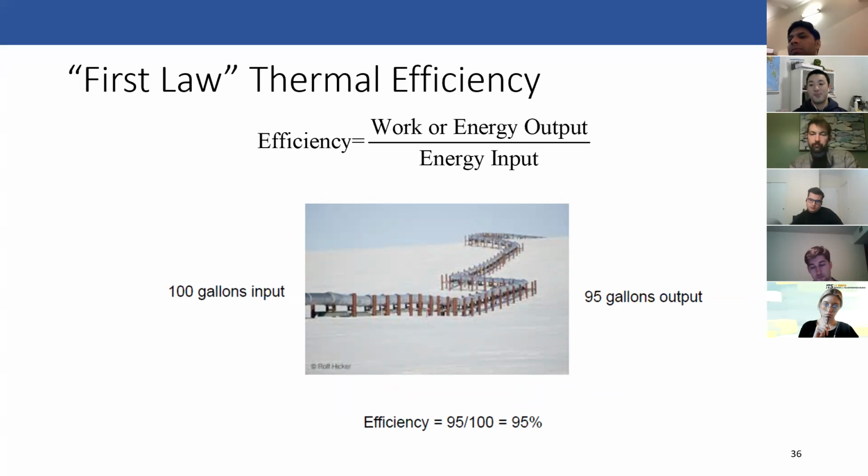Maybe you put 100 gallons in and you only get 95 gallons out, and maybe that's because the pipeline is leaking somewhere. So the efficiency here is pretty easy to measure, 95 over 100. This is just to keep in mind that as long as the units in your numerator and denominator are the same, it doesn't always have to go through a unit of energy to do that conversion.